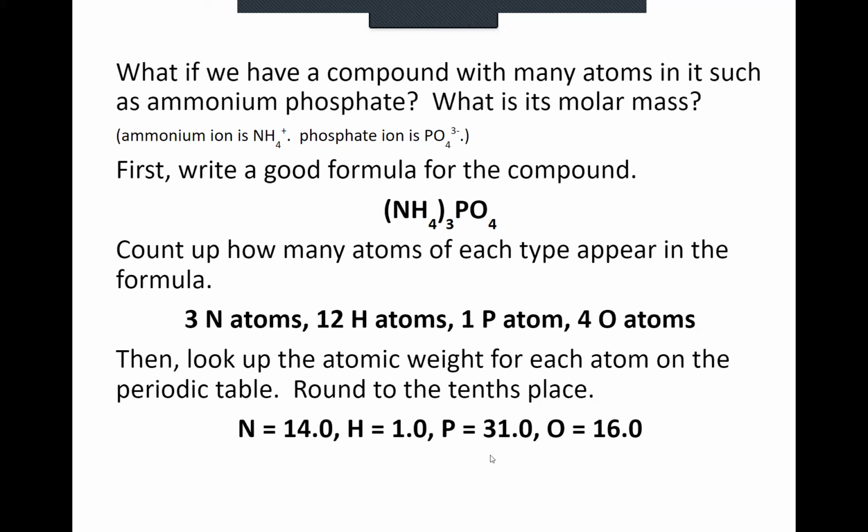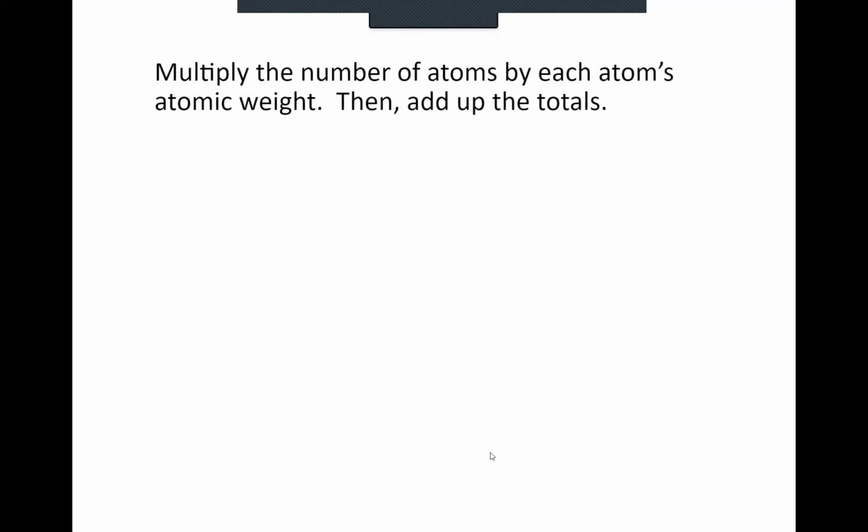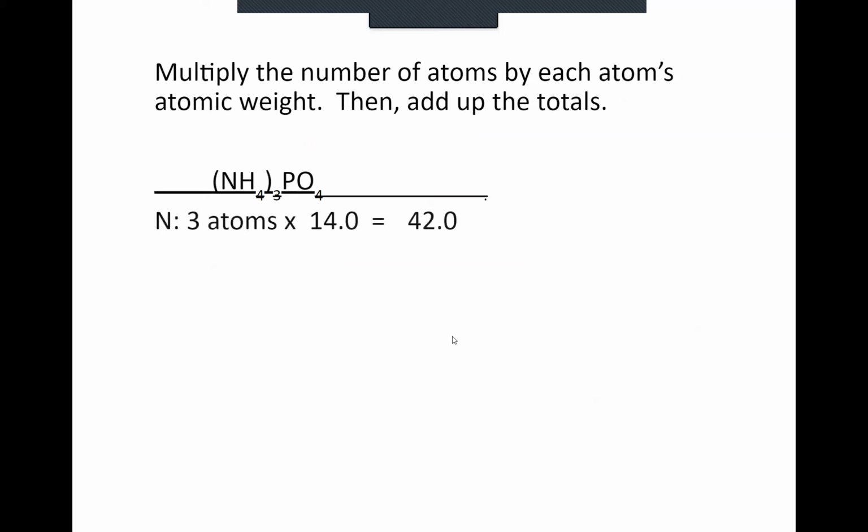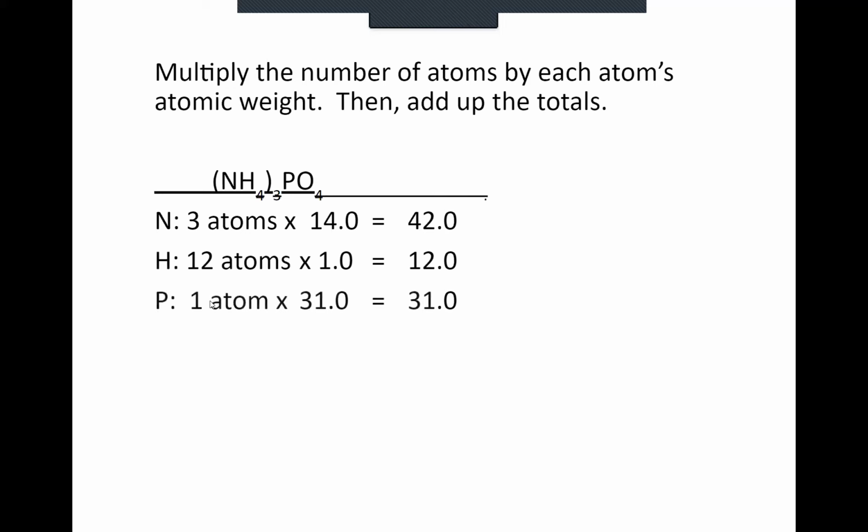Now, we've got that taken care of. We're going to do a little bit of adding. We're going to multiply the number of atoms within the formula by each atom's atomic weight. So for nitrogen, there are 3 atoms, and each atom has a weight of 14.0. That gives us, if you multiply across, 42.0. Hydrogen, 12 atoms, times an atomic weight of 1.0, that gives us 12.